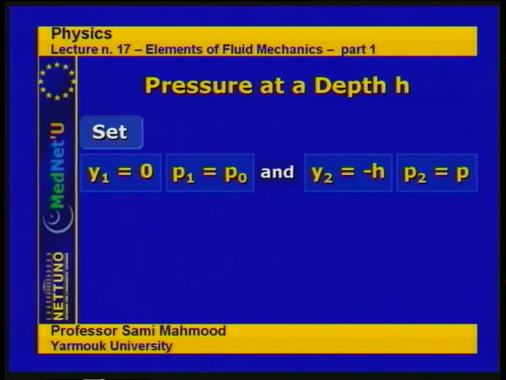So we set y1 equals to 0, and P1 at 0 level is simply the atmospheric pressure, because at y equals 0, this is the surface of the fluid. It's at the interface between air and the fluid. And why do we select y1 equals 0? Because at that point we know the pressure P1. At any other point we don't know what it is. So we usually select a point which we know.